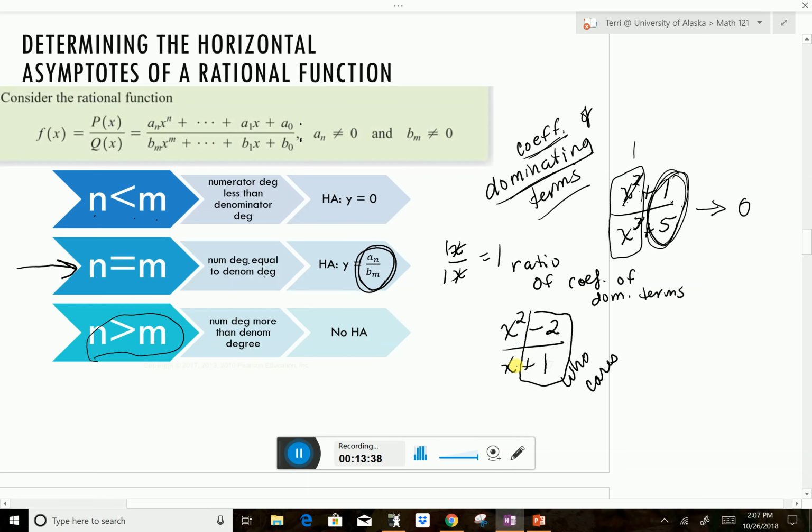So x squared over x goes kind of like x, which is getting bigger and bigger. So y is getting bigger and bigger, right? That means we have no horizontal asymptote. This just heads off toward infinity, or negative infinity, I should say, toward the stratosphere just like x is doing. We don't have a point that we get closer and closer to without touching, like we do on these two.